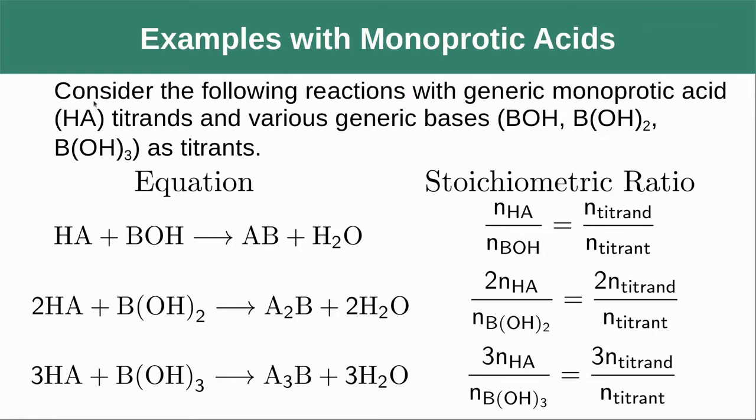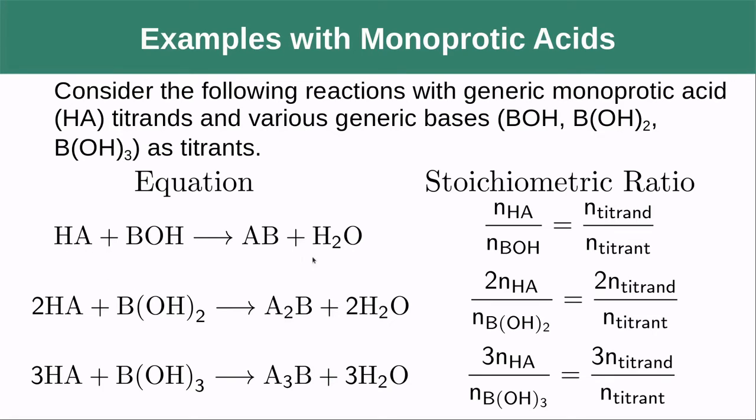Let's consider a few examples with a generic monoprotic acid, HA, and various generic bases. We can have BOH, with one hydroxide, B with two hydroxides, and B with three hydroxides. These would be called monohydroxyl, dihydroxyl, and trihydroxyl titrants.